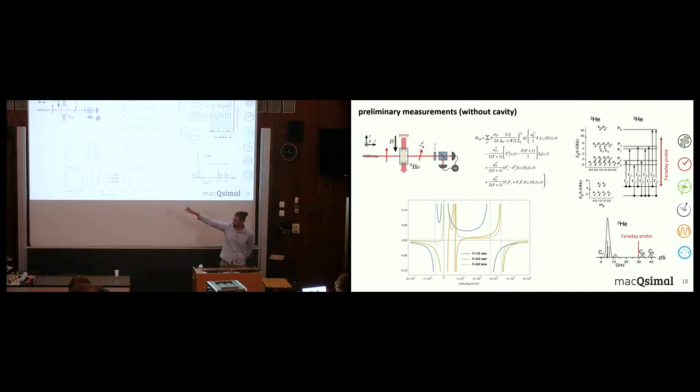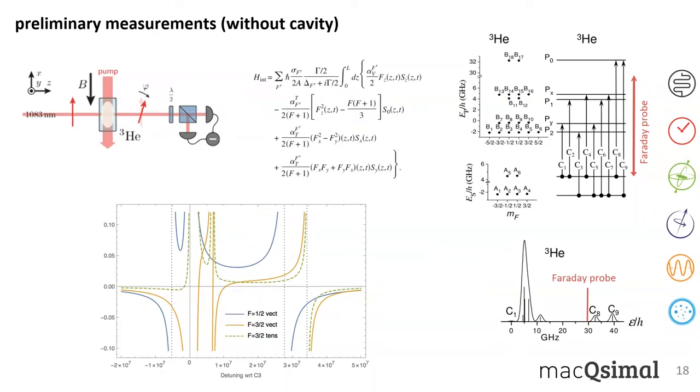So in this plot on the bottom left of the slide, you see in different colors the prefactor between the different interaction terms that appear in the Hamiltonian. The blue would be the one that one wants, the pure vector interaction of the Faraday Hamiltonian. Then there are the orange and the green, the coefficients of the tensor and vector interaction for the 3/2 manifold of the metastable state.